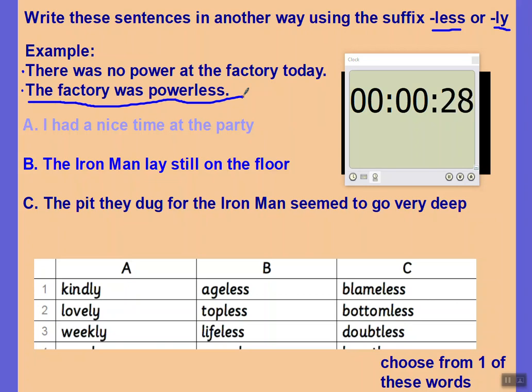Okay, 30 seconds left. Just check your spellings as well. Make sure you're checking the spellings.